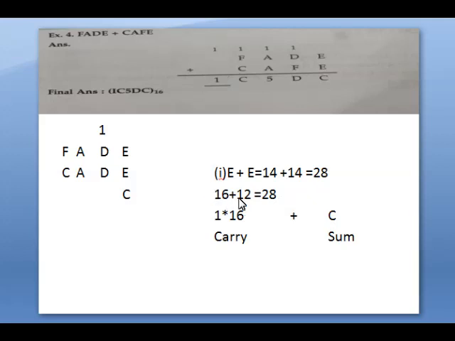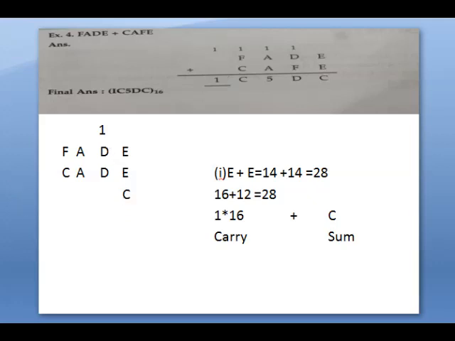Okay, students. So 16 we will write as 1 into 16, plus 12 means it is C. So C is the sum, and here 1 into 16. Always we will write 1 into 16. So this 1 will be treated as a carry. The sum is C, so we will write here the sum C and the carry as 1.